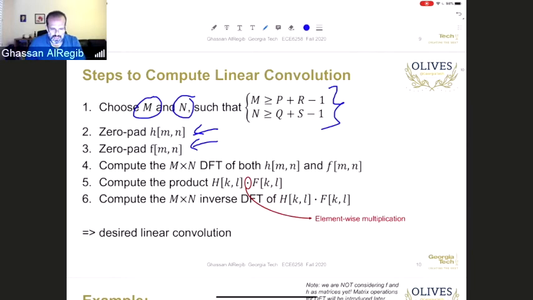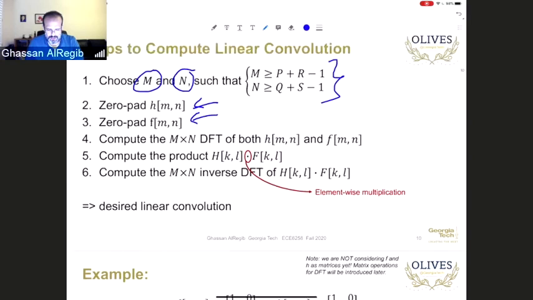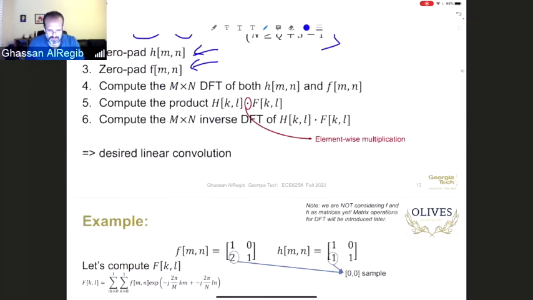You compute the M by N DFT for both small h and small f. You do an element-wise multiplication in the DFT domain. And then you take the inverse DFT, which is again M by N, and the output will be your G, the output from the linear convolution.